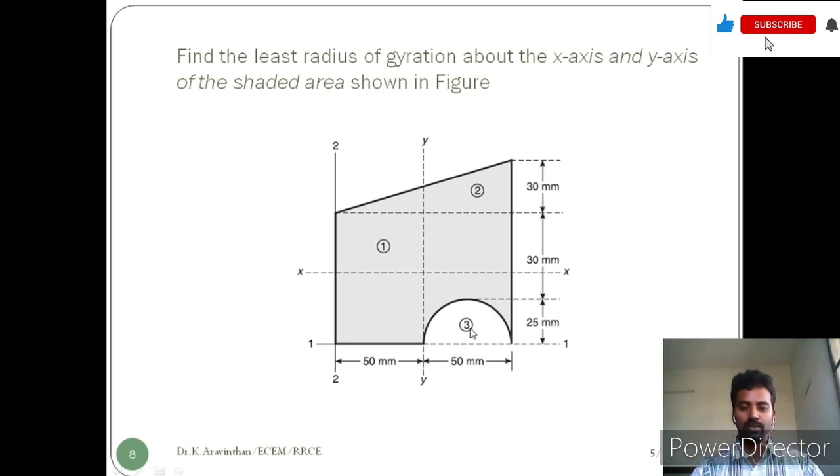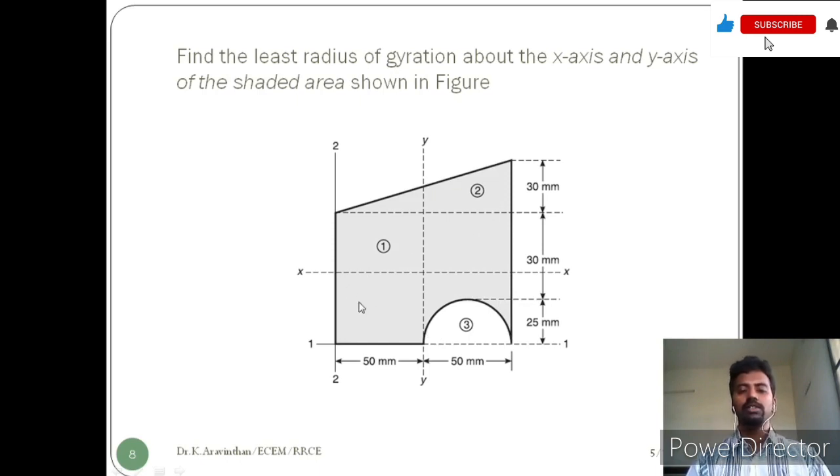You can split these three components, and the shaded components should be taken as plus and the hollow component is taken as minus. Why? Because from the whole object you have to remove the non-shaded part in order to get your component.